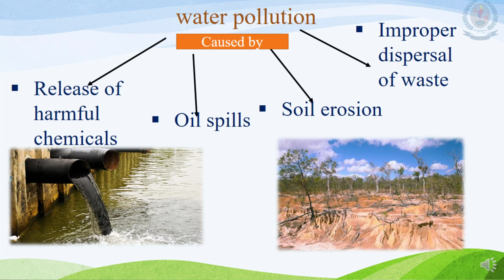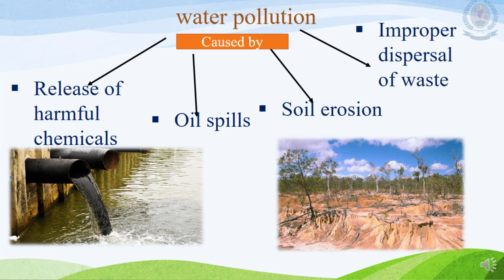The first one is release of harmful chemicals. So when harmful chemicals such as toxic wastes, fertilizers and pesticides enter rivers and lakes, they harm the organisms who live in them.